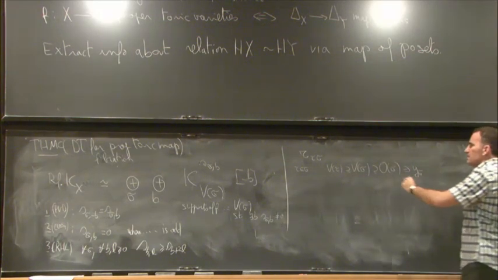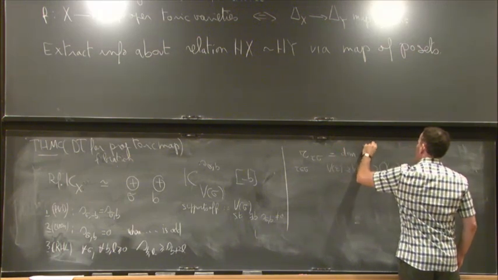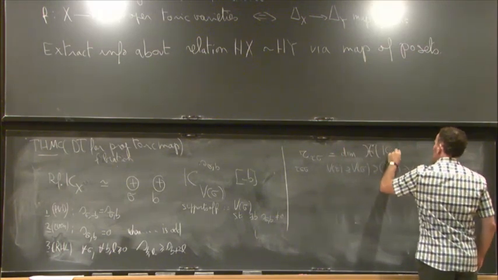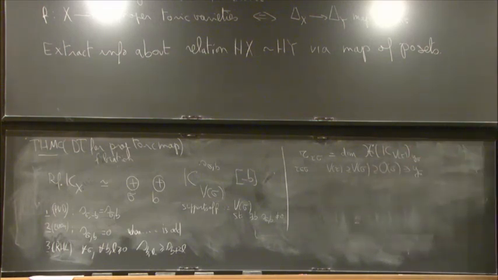So I want to define this number as the dimension of the cohomology sheaves of the intersection complex of V tau at this point. Now, if Y is smooth, this number is typically 1. If Y is singular, it encodes some aspects of the singularity of the toric variety.